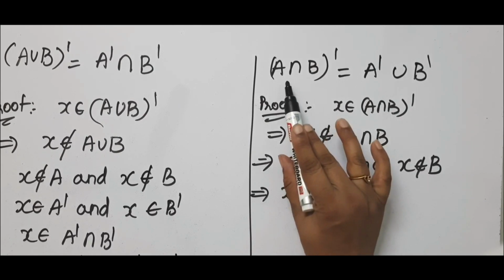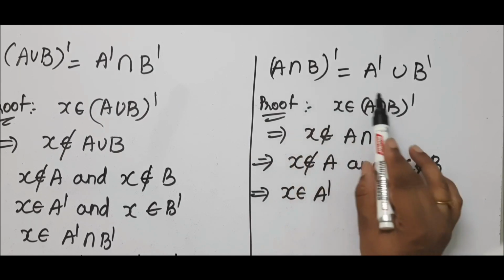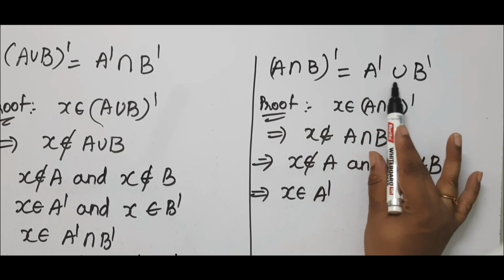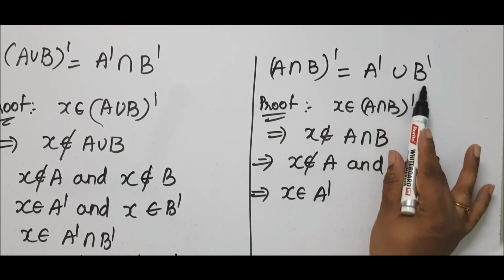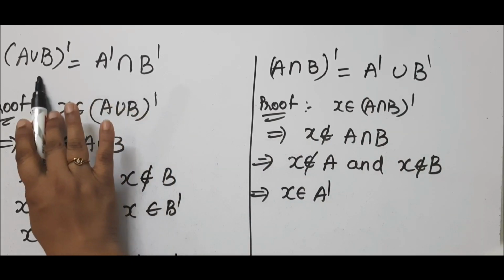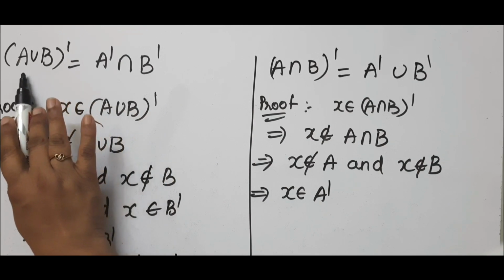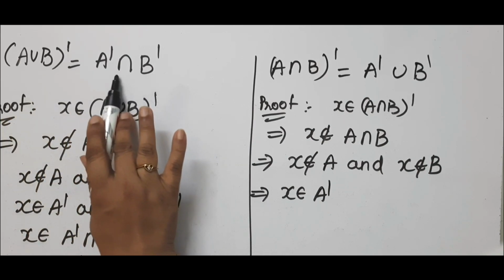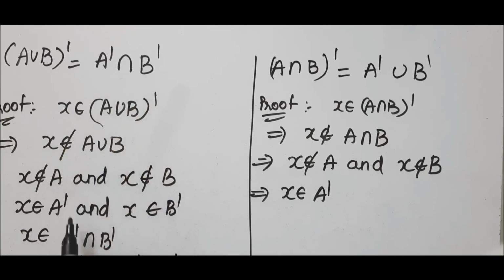Here we have to prove A intersection B whole complement is equal to A complement union B complement. So here we have to show union. In De Morgan's first law, we had to show that A union B whole complement is equal to A complement intersection B complement. Here intersection we had to show, so we kept the word and the same.